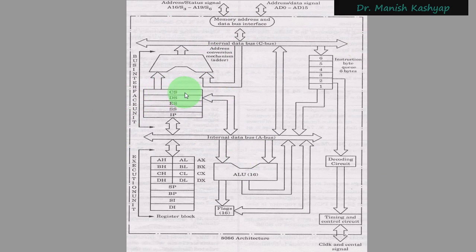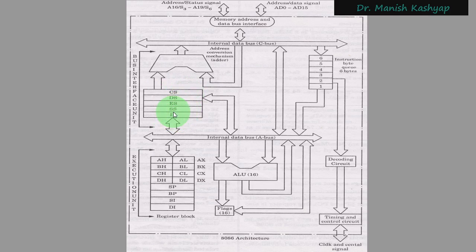The beginning address has to be such that the last 4 bits are 0. It is by default like that. Since the last 4 bits are 0, 16 bits are left. Those 16 bits will be kept in the code segment, data segment, extra segment, and stack segment.